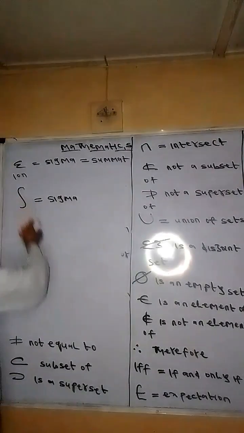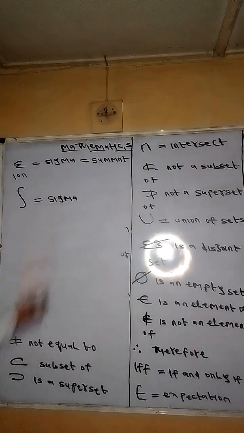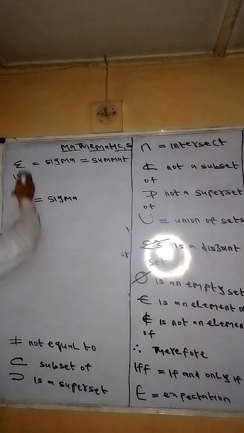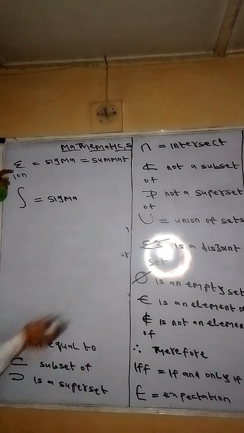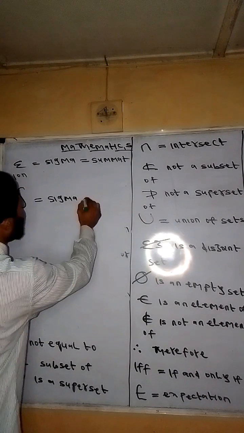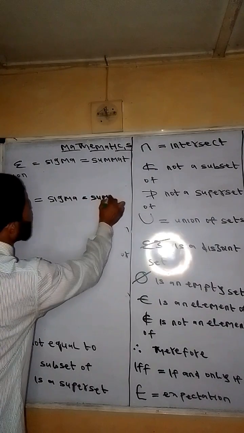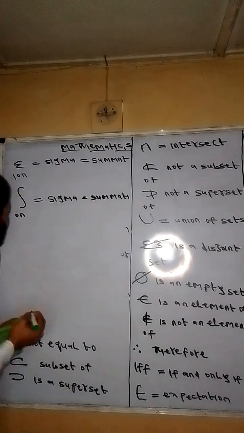Those of us that are very vast in mathematics know that this is what we call the integral sign. So the integral is a sigma sign, just like its counterpart in discrete data. This is sigma for discrete data. This is sigma for continuous data. Sigma, which is summation.